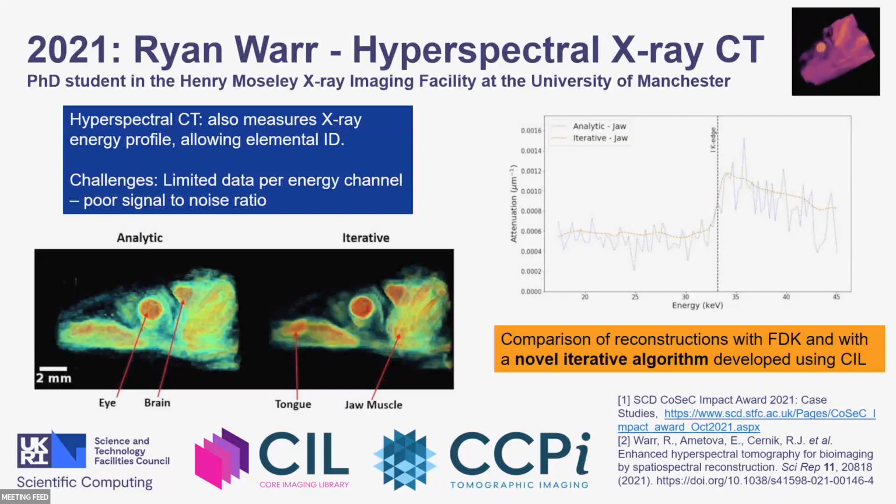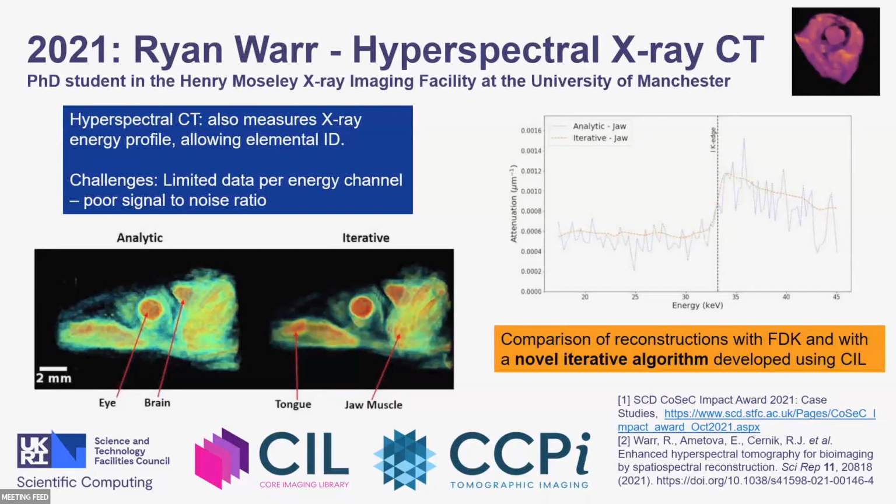And we're able to identify the elemental composition of our samples because different elements have a unique energy-dependent X-ray absorption profile. However, this provides additional challenges. Because our data is split into all of these bins, we have limited statistics per energy channel, and this means that we have a poor signal-to-noise ratio.